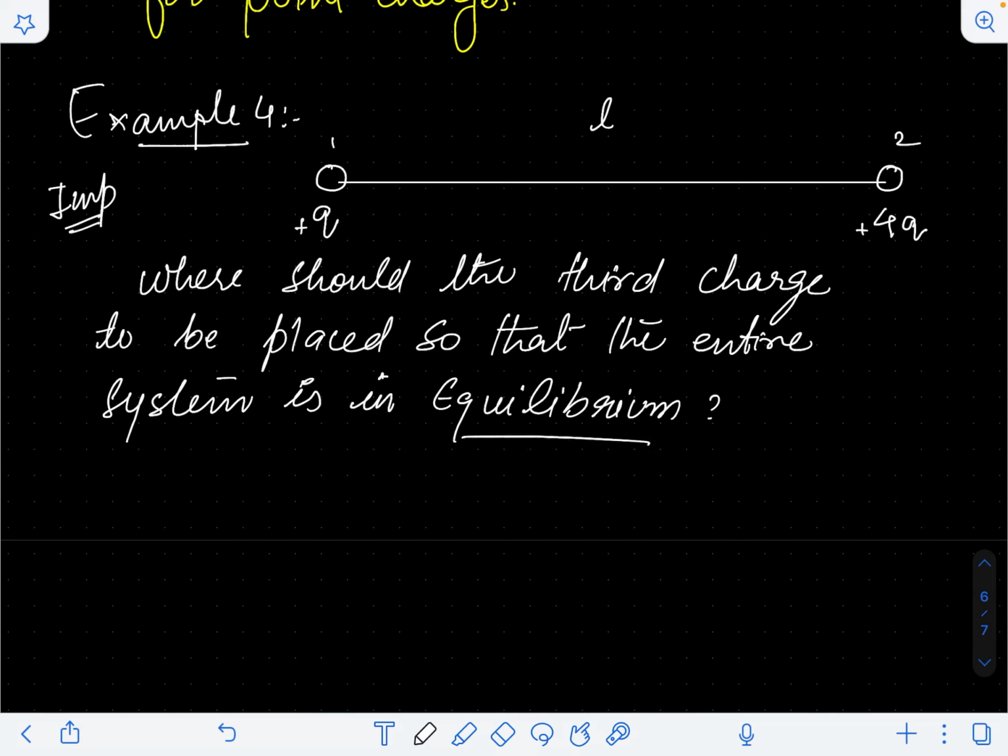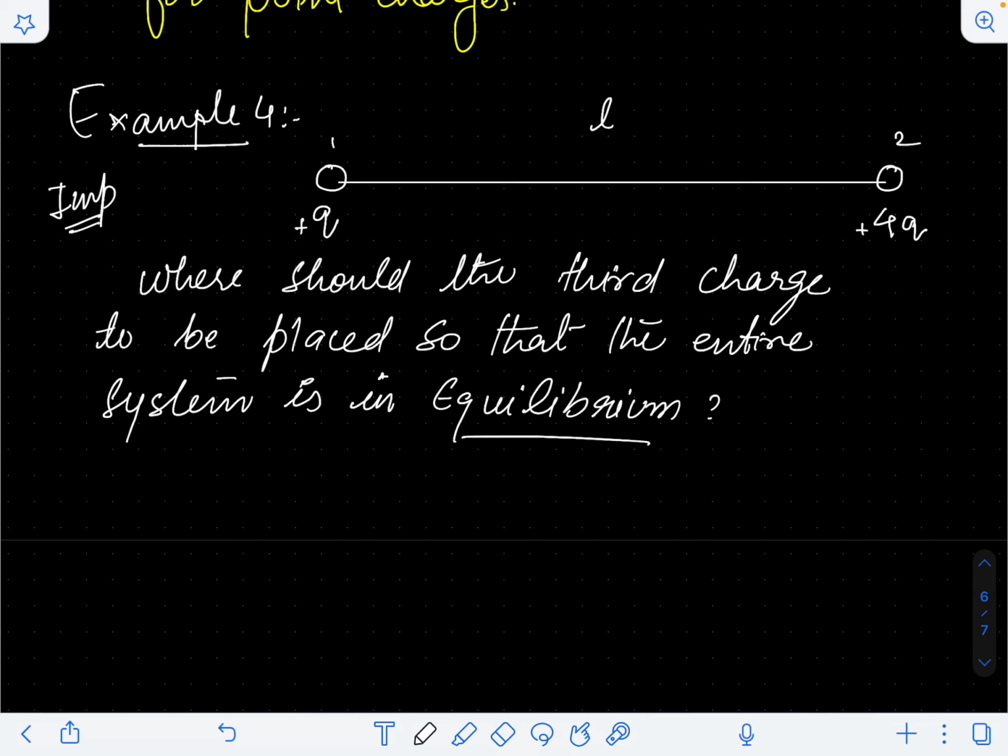So firstly we will discuss what is equilibrium in electrostatics. If a system is in equilibrium, it means that the net force on each charge should be 0. The resultant force on each charge should be 0, then only the system will be in equilibrium.